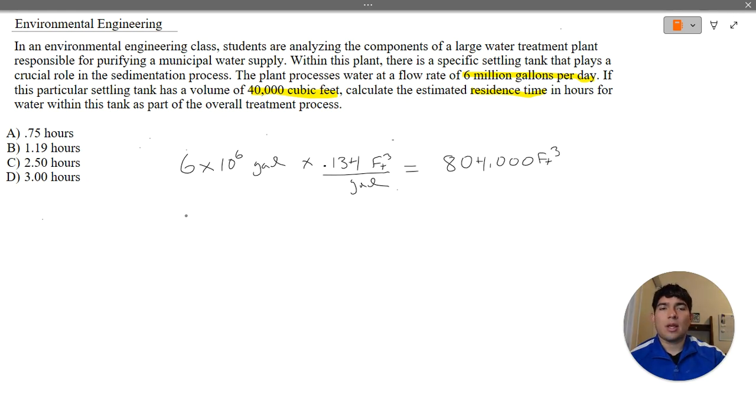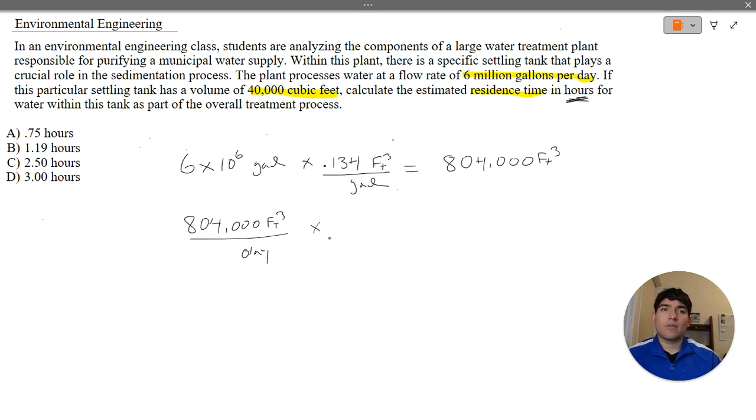And remember that that was 6 million gallons per day. So now we have 804,000 feet cubed per day. Remember that we need to find the residence time in hours. You can see right there.